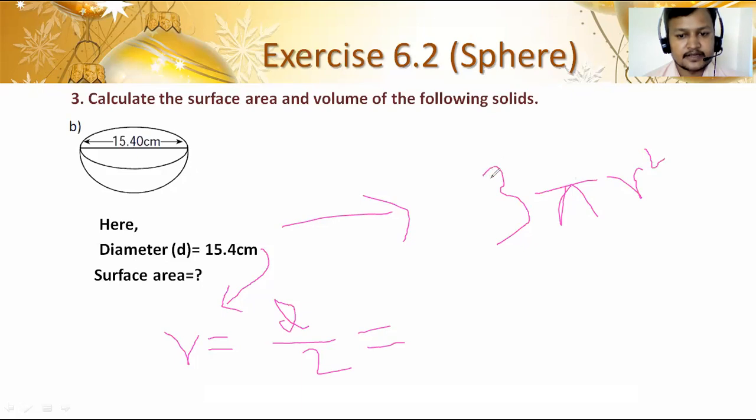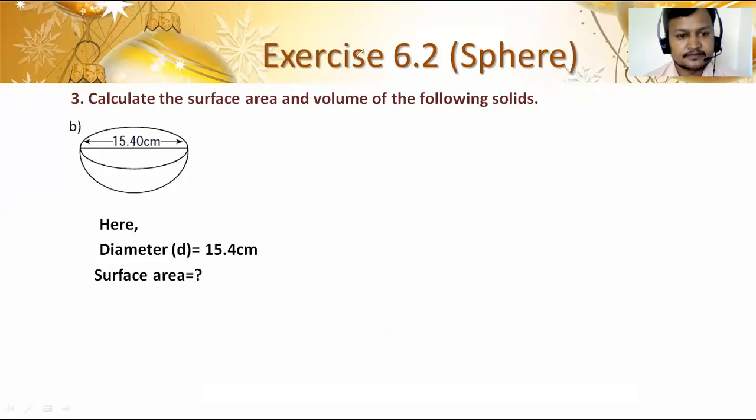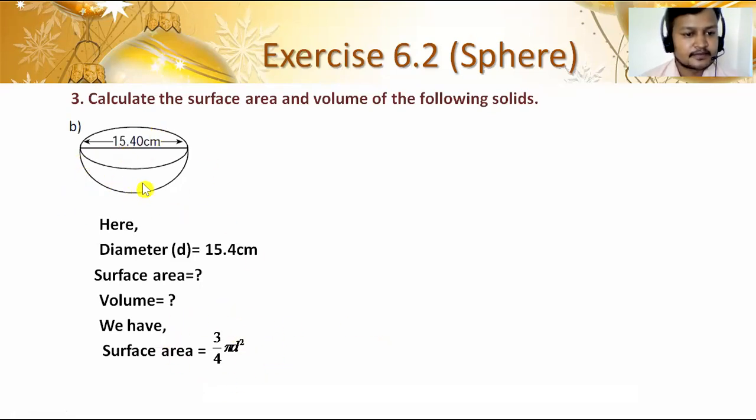In terms of diameter, it is 3 by 4 pi d square. Three by 4 pi d square is the total surface area of the hemisphere if diameter is given to us.